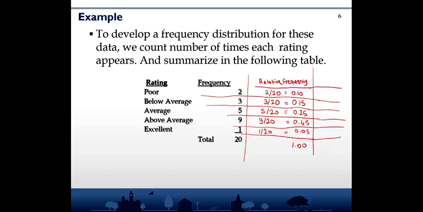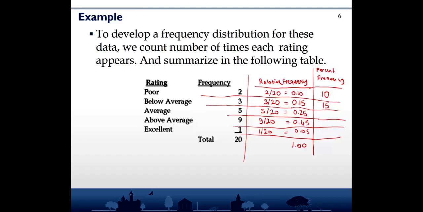And the percent frequency distribution provides the percentage. What percent of poor ratings do you have? Once you have the relative frequency, you can easily obtain the percent frequency, which is the relative frequency times 100. It provides a percentage of the items that belong to this class.